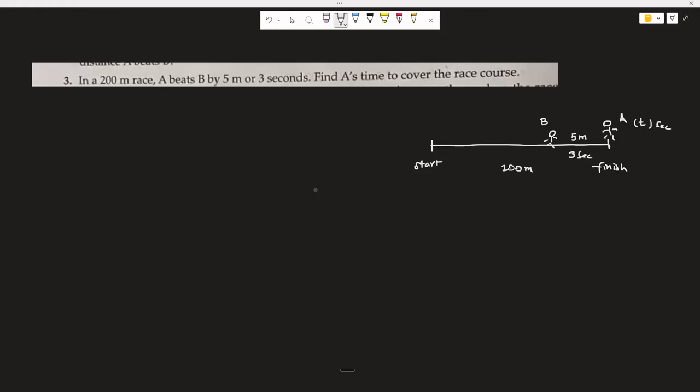A took T seconds to cover the entire distance. And B has to cover, or where is B? Can you tell me what is the time of B?